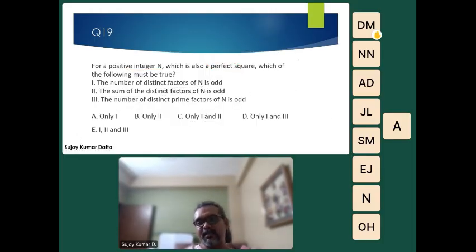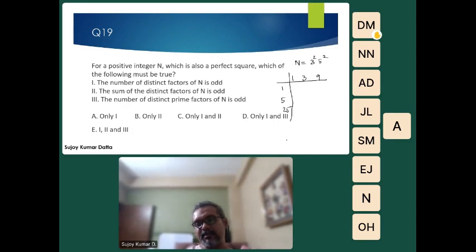So let's take n to be composed of only odd primes. No even numbers. Let's say we have 3 squared and 5 squared, something like that. So what are all the factors? For 3 squared they are 1, 3, and 9, and for 5 squared they are 1, 5, and 25.